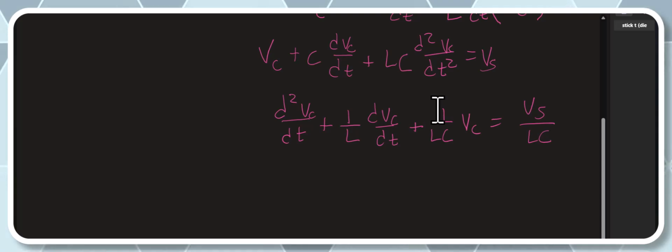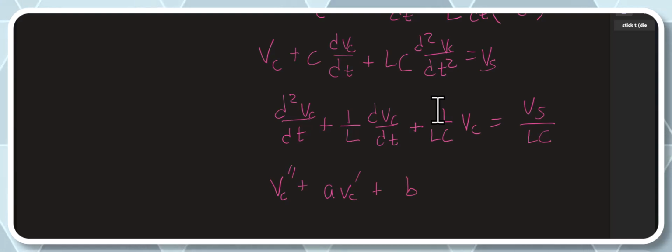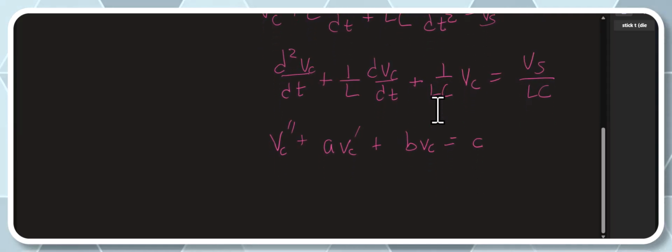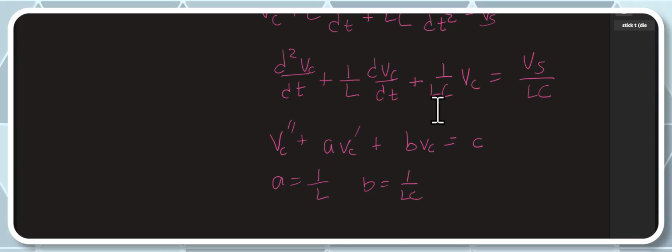Which tells me I have a differential equation in the form VC double prime plus A VC prime plus B VC equals C, where A equals R over L, B equals 1 over LC, and C equals Vs over LC.